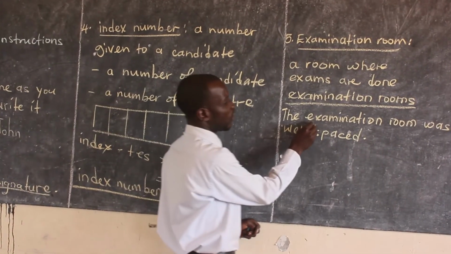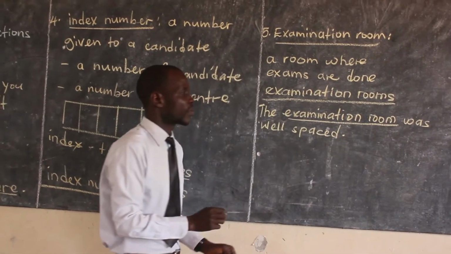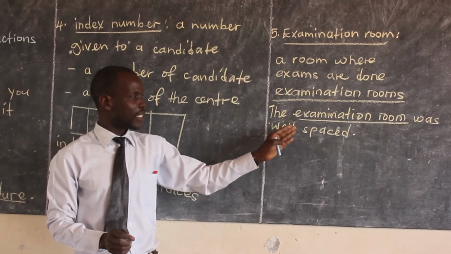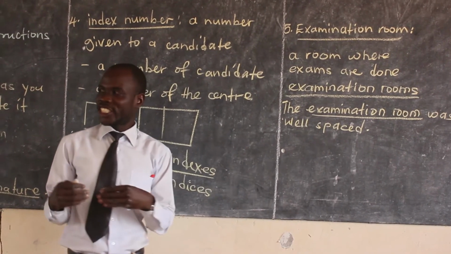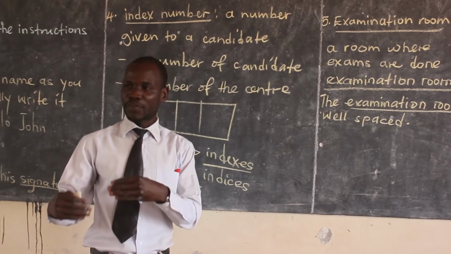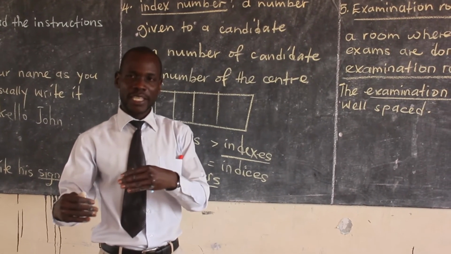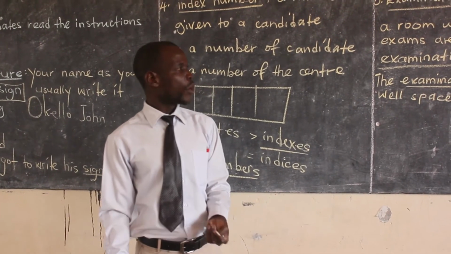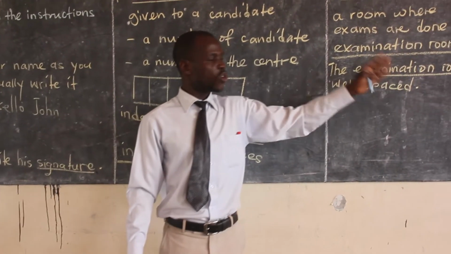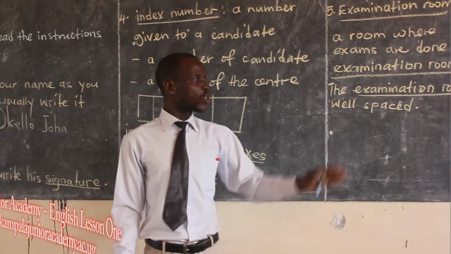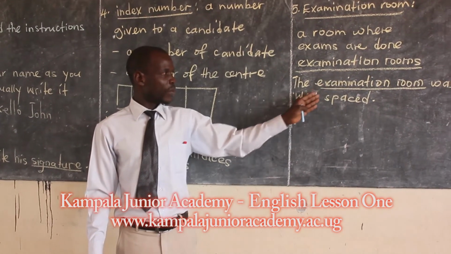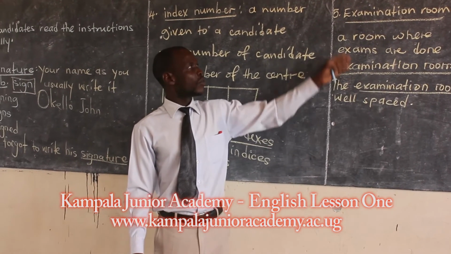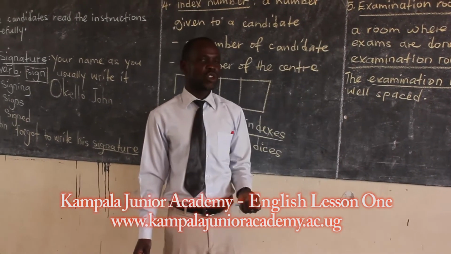We are looking at the word examination room. So when we say the examination room was well spaced, it means that each child had enough space. There was enough space between maybe child A and child B. We always expect the examination room to be well spaced, not crowded. That's how you can make your sentence, and there are other sentences you can make from the word examination room.